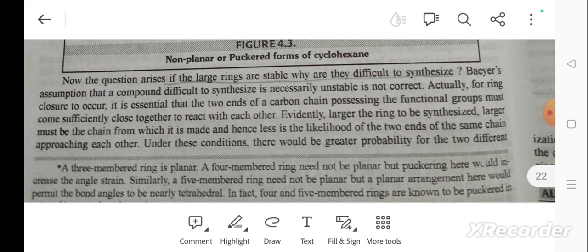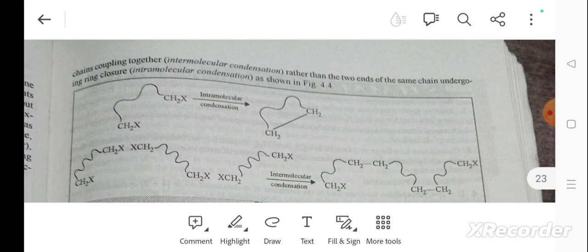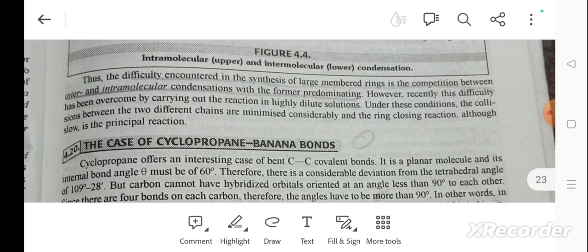Under this condition, there would be greater probability for two different chains coupling together, that is, intermolecular condensation, rather than the two ends of the same chain undergoing ring closure, as shown in figure 4.4.